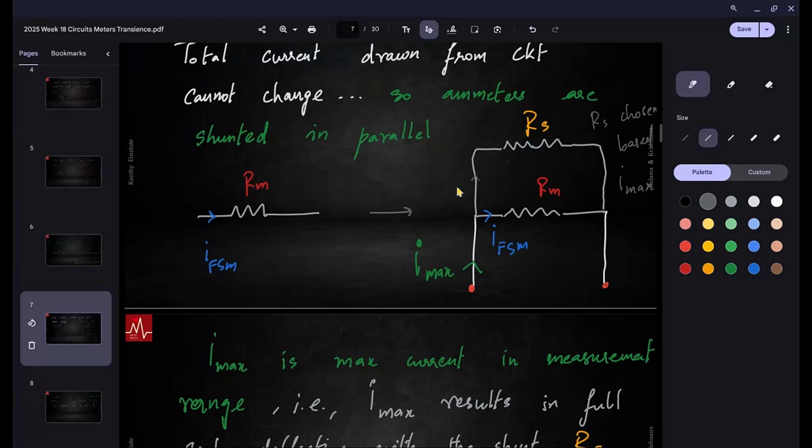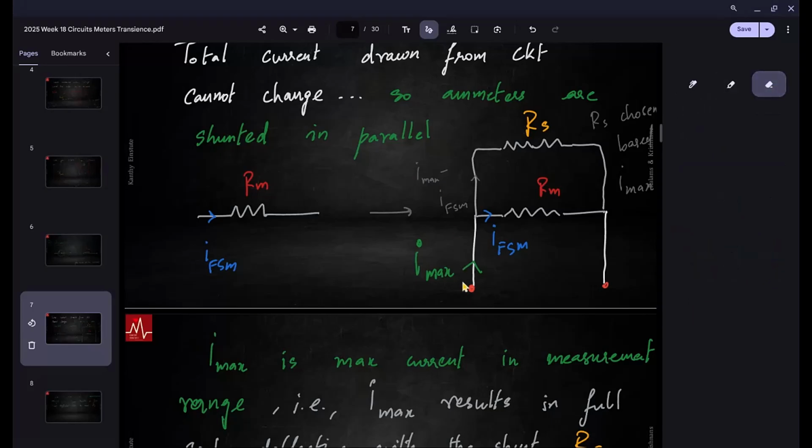So most of the current is now going through this path. Imax enters, some of it, IFSM, goes here, the rest goes through this. What is the relation between these four variables?